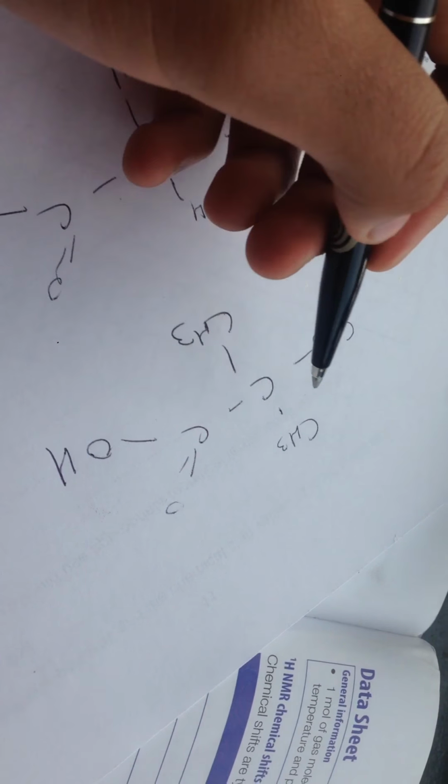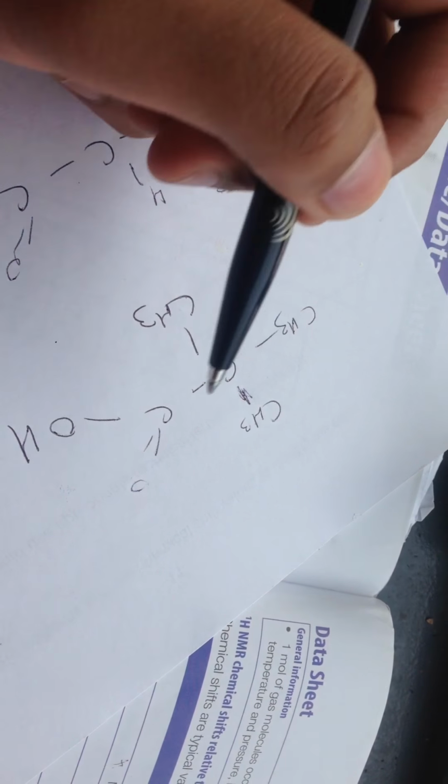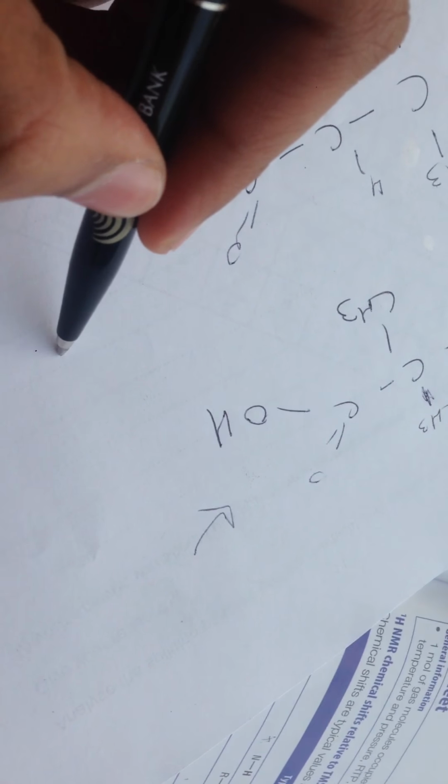Now, the carbon-13 NMR tells us how many different carbon environments are present in any compound or sample. So we'll just work out how many peaks this compound would give, and how many peaks this compound would give in a carbon-13 NMR.